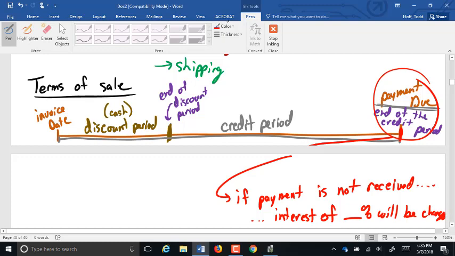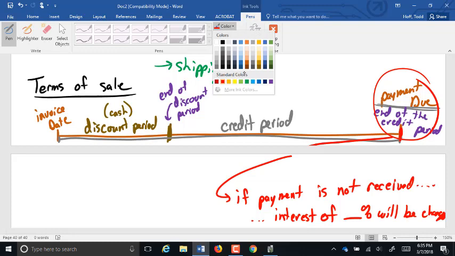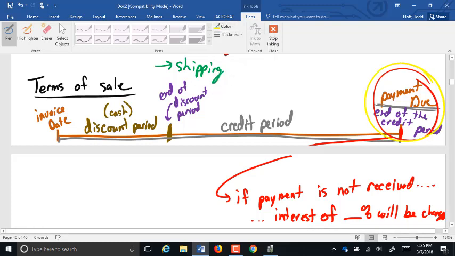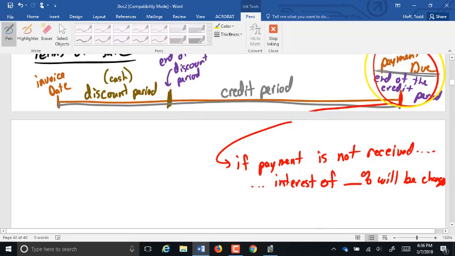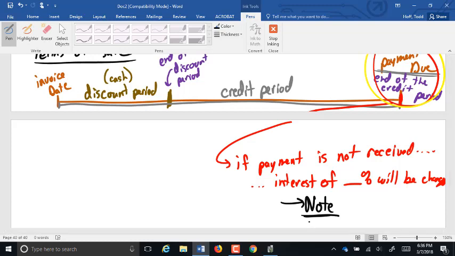Technically, on that date, this invoice will automatically convert into what's called a note. A note is really just a form of a loan where interest is charged. In Unit 3, we'll talk more about notes and that charging of interest. For now, we're just going to assume bills are paid by the end of that credit period.